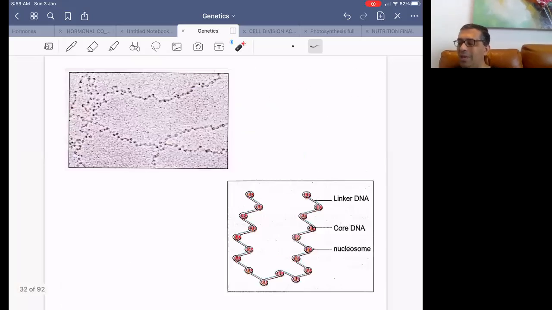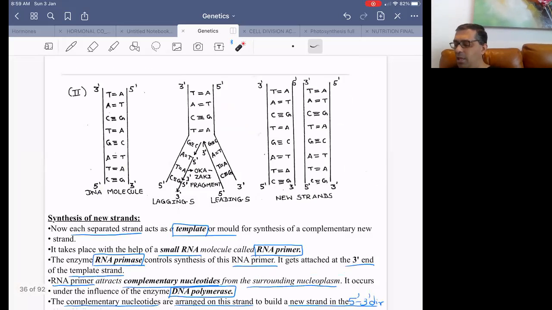So chalo, we have understood that, and that is not given in the book, so yaad rakhna.